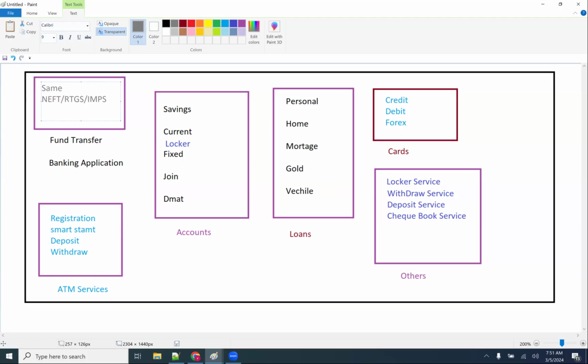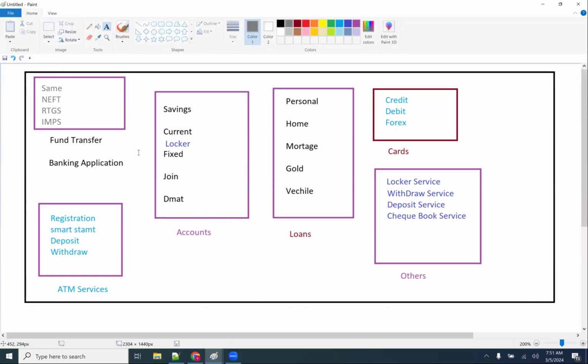NEFT is different, RTGS is different, IMPS is different. There is a fund transfer. It's a separate thing over here. So any other capability, guys, you can think of?